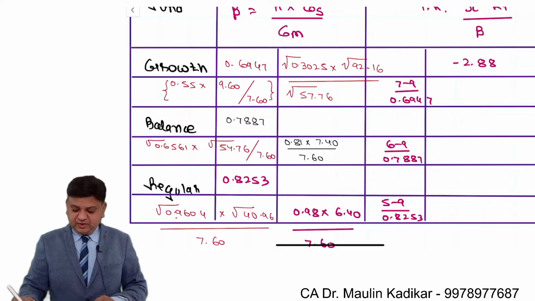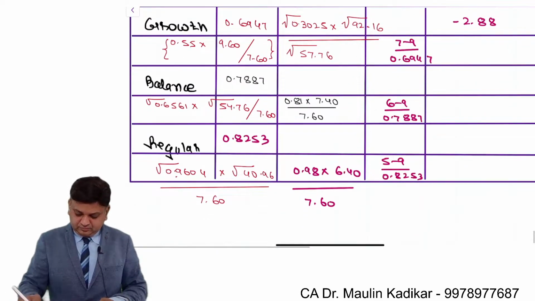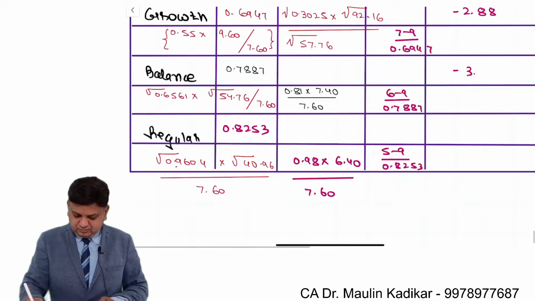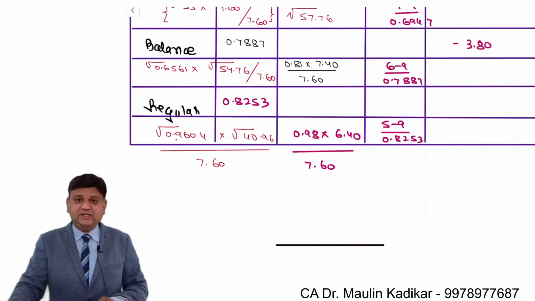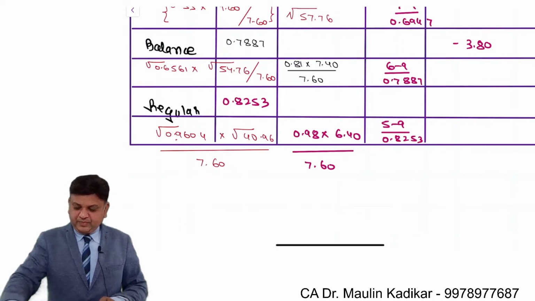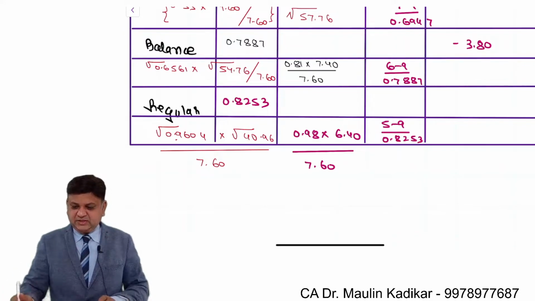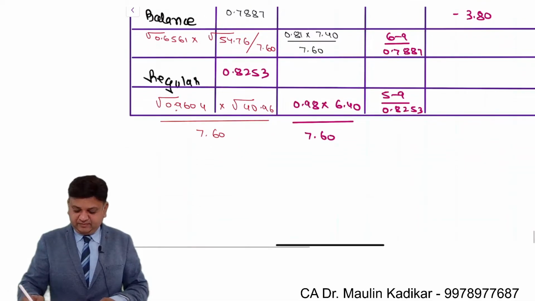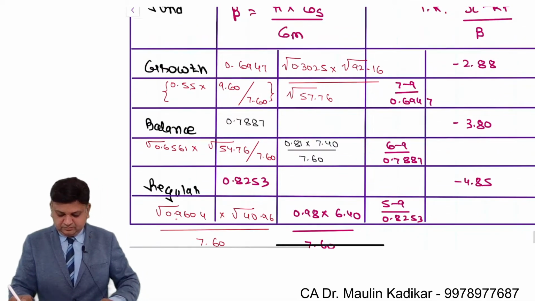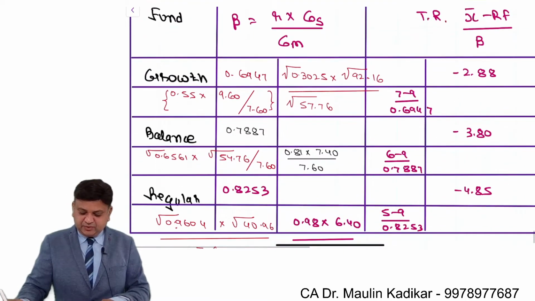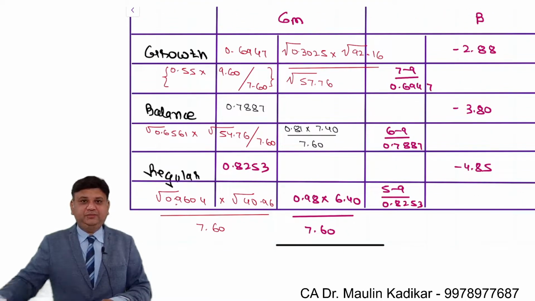It is negative 3.80. 5 minus 9 is negative 4, divided by 0.8253, which is negative 4.85. That is the way we make the computation of the Treynor's ratio.